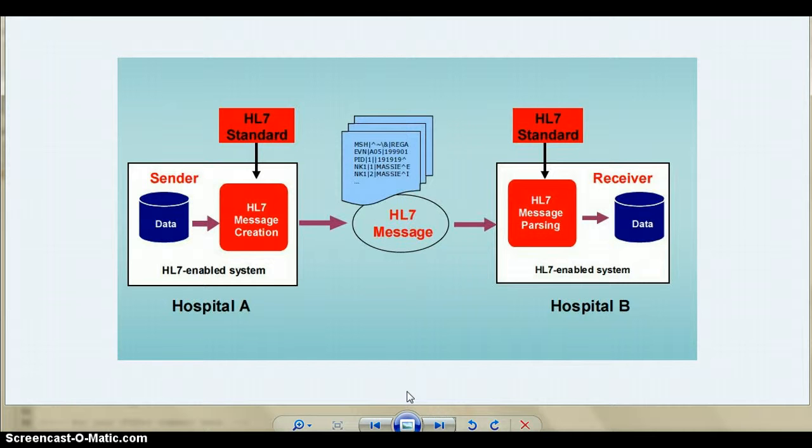Then the message event is used with particular message types, and specifies the event for message generation. Like that would be your A04 or A01, which is what we use in our message, and it signifies the patient registration.